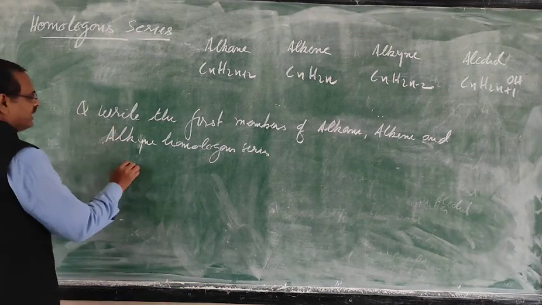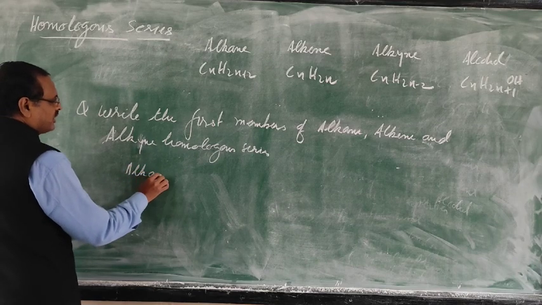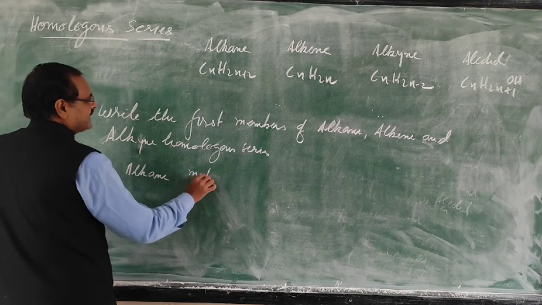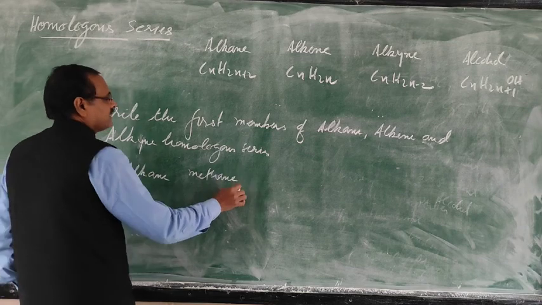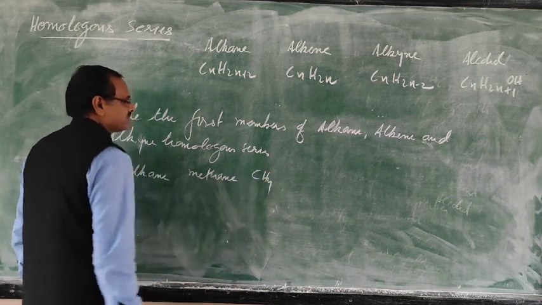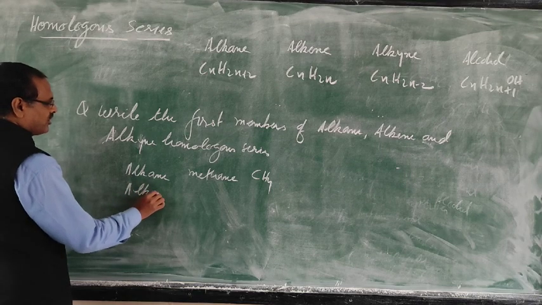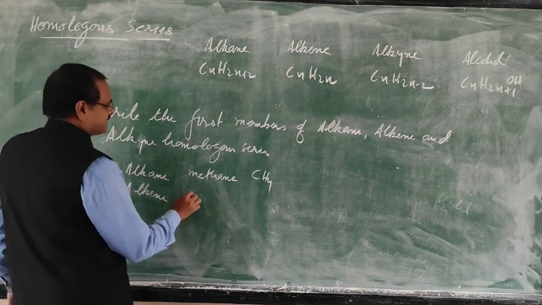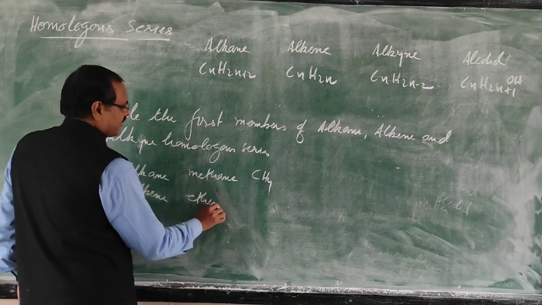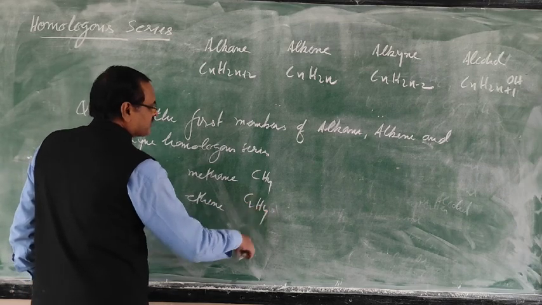So for alkane, the first member is methane, that is CH4. For alkene, the first member is ethene, that is C2H4.